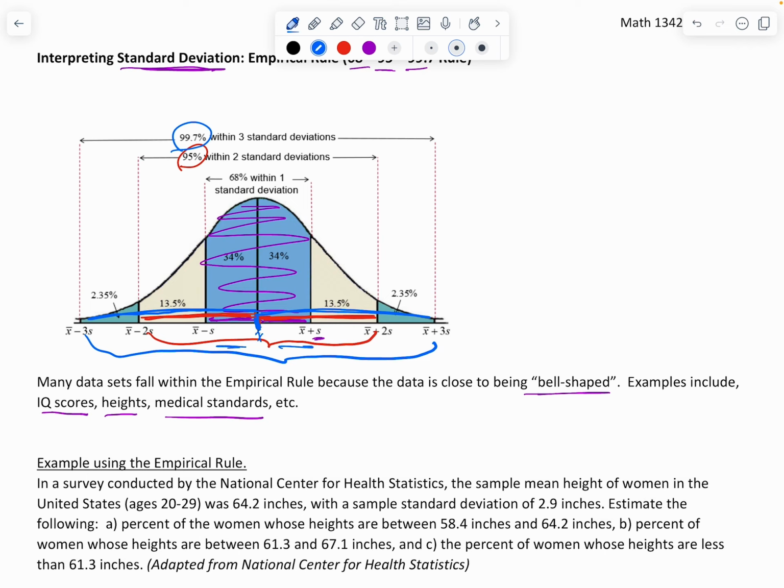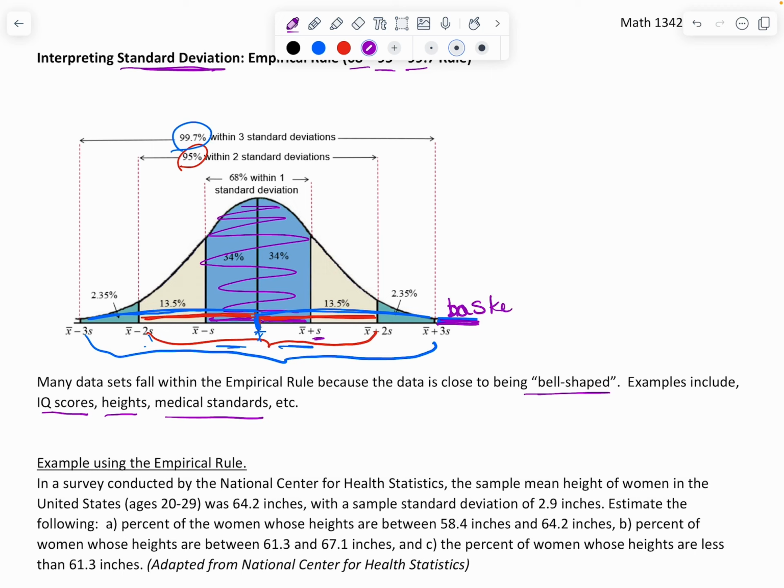So if this is height, then 68% of the people are going to fall within that height. 95% of the people will fall within the red height. 99.7% of the population is going to fall in there. So where do you think your basketball players are going to fall? Basketball players quite often will fall this way.